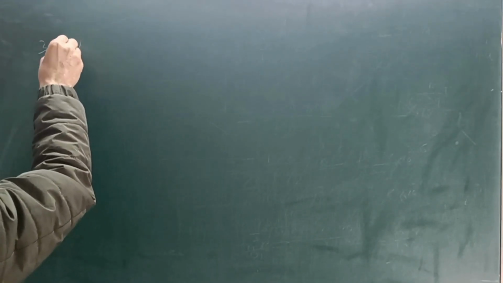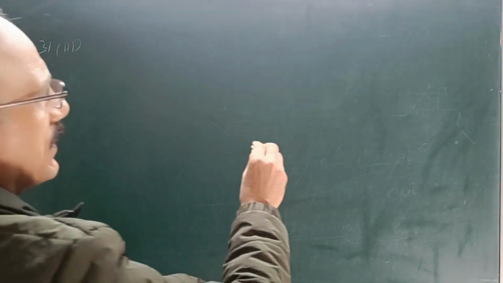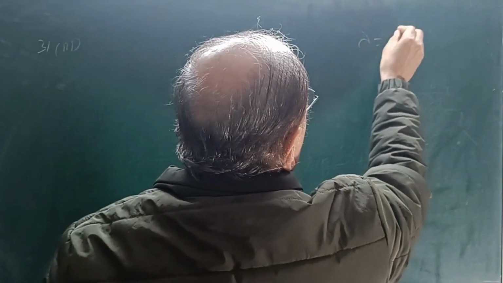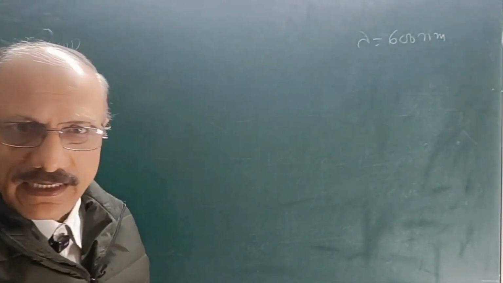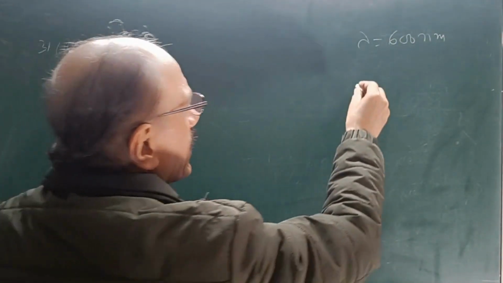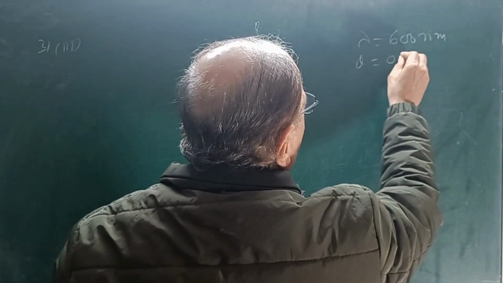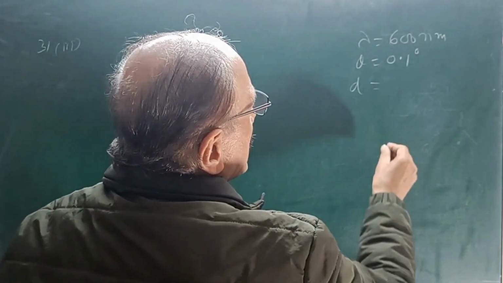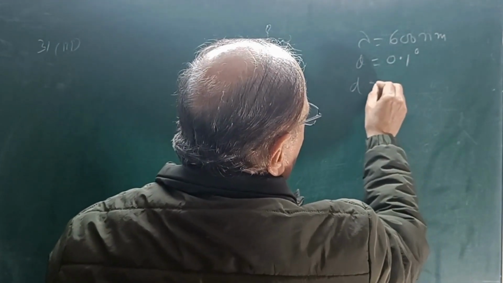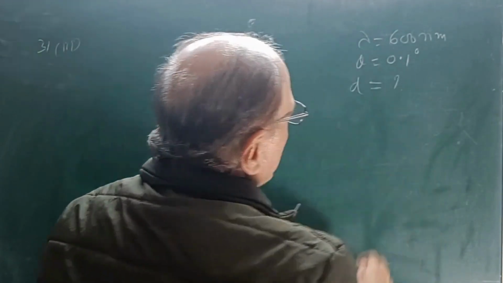Third part, here the lambda is given as 600 nanometer in a double slit experiment, and the angular spread was found to be 0.1 degree. So we have to find the slit separation between the two slits.